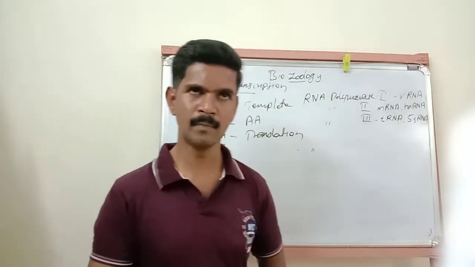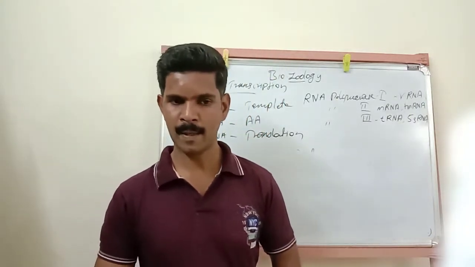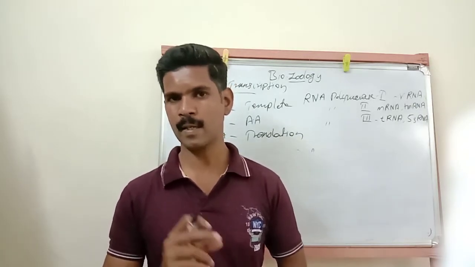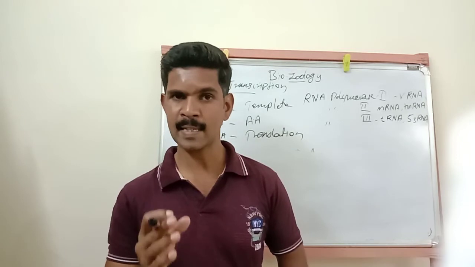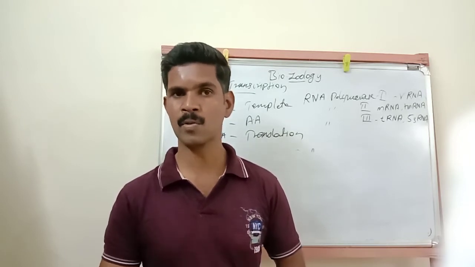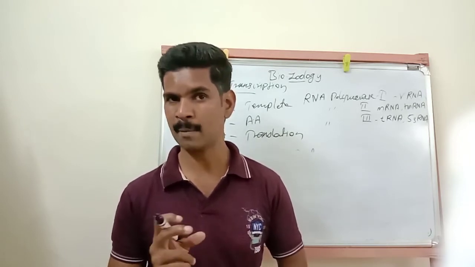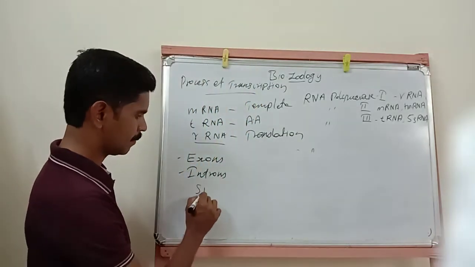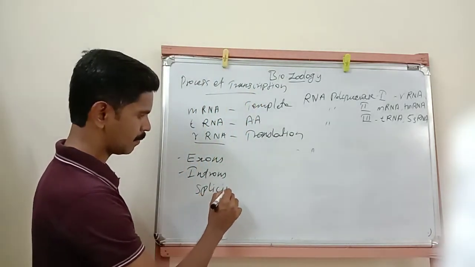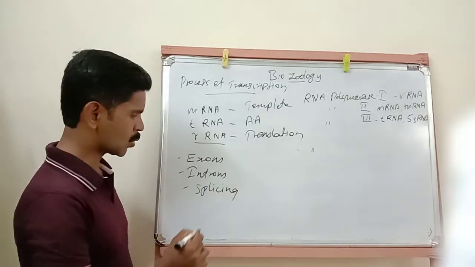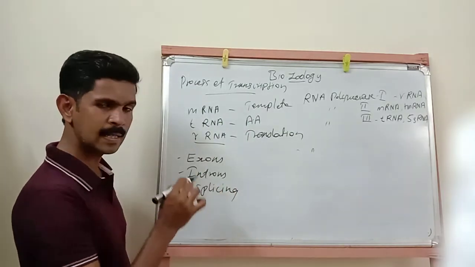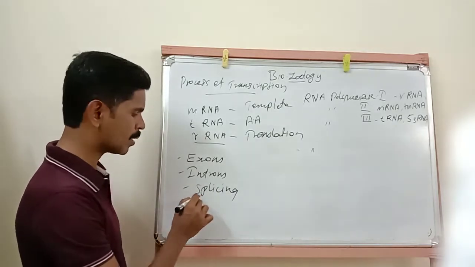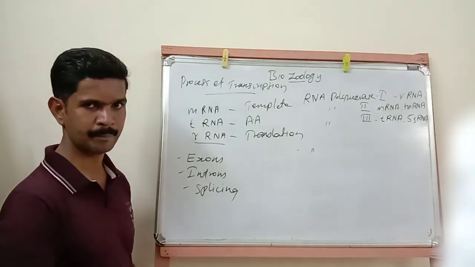Then next point, say this intron, that means the non-coding sequence, is removed from a monocistronic structural gene by a process, and the name of this process is splicing. So the introns present in a monocistronic structural gene are removed by a process called splicing.